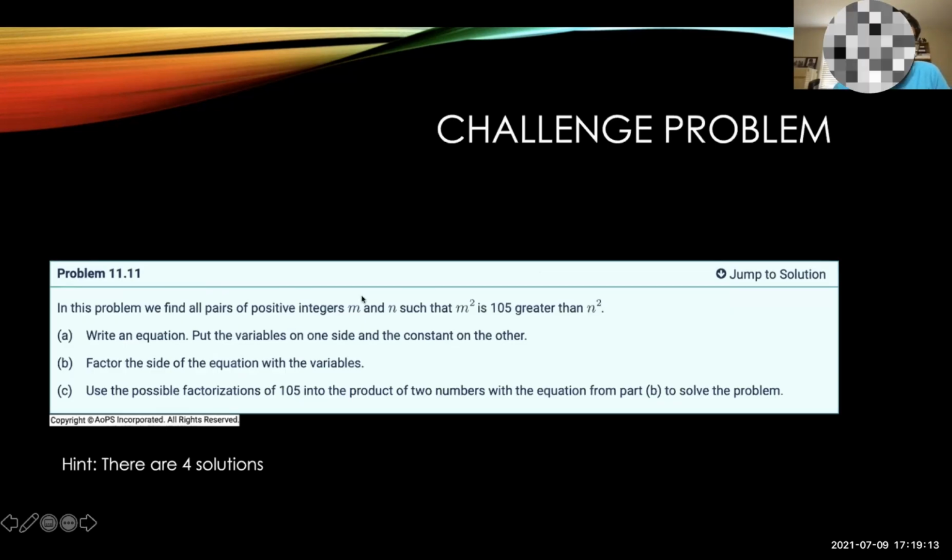So here's a challenge problem for you to do. I think this one's going to take you a while, so I'll give you 6 or 7 minutes to try. It is a very difficult problem, so if you don't get it, don't worry about it. I'll explain it later, but give it your best shot.